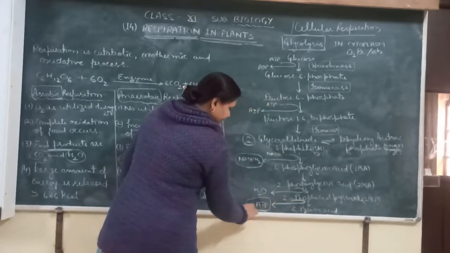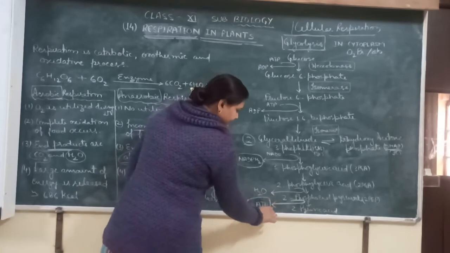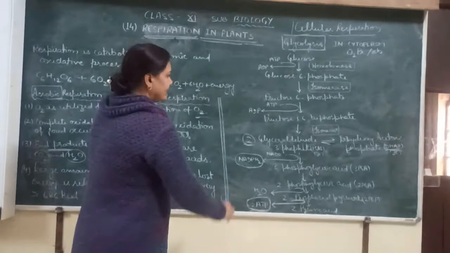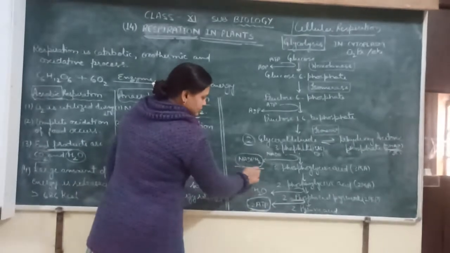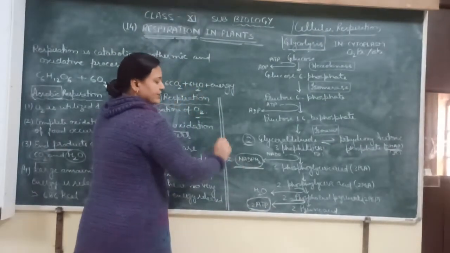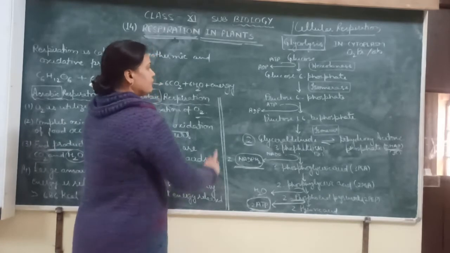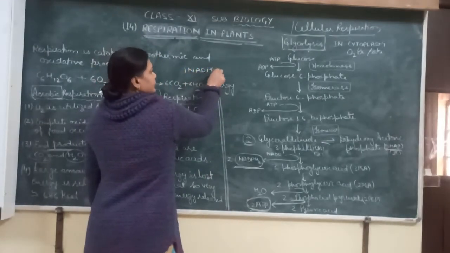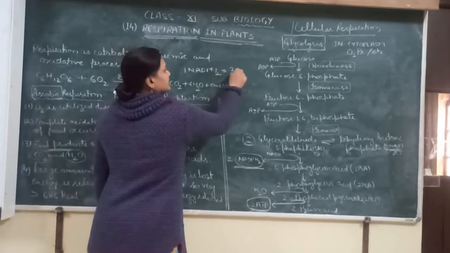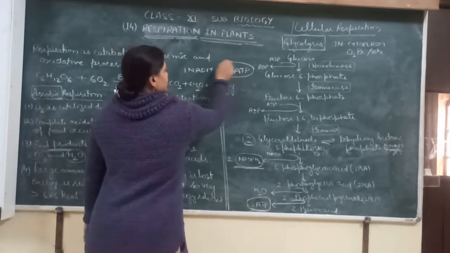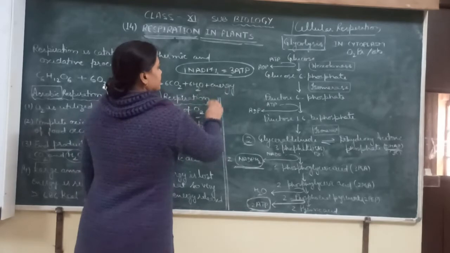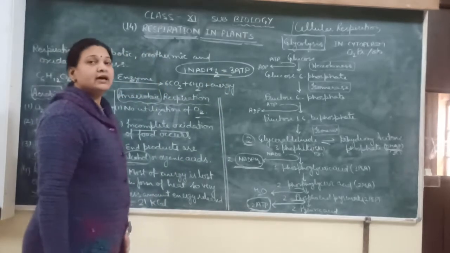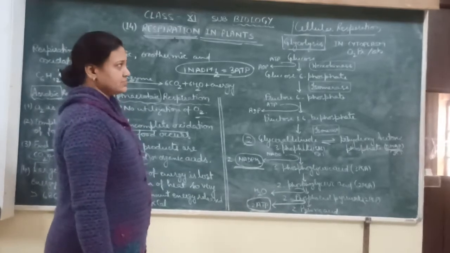So the net gain during glycolysis is 2 ATP. Okay, but 2 NADPH2 are also formed. 2 molecules of NADPH2 are also formed, and 1 NADPH2 molecule is equal to 3 ATP molecules. But these 3 ATP molecules are formed during the ETS, electron transport system.